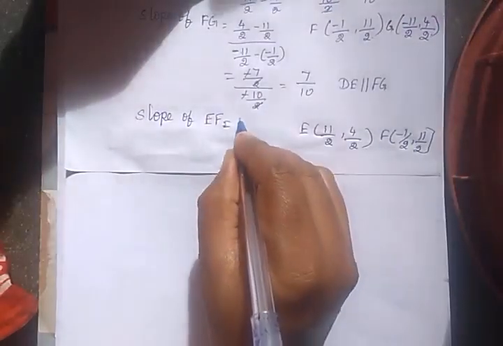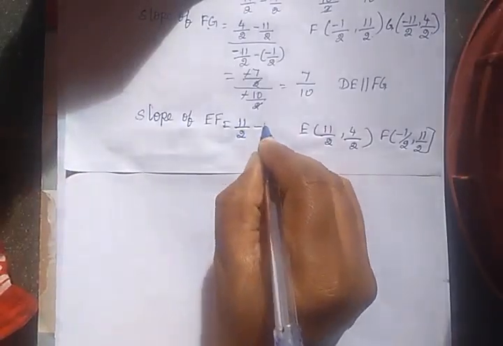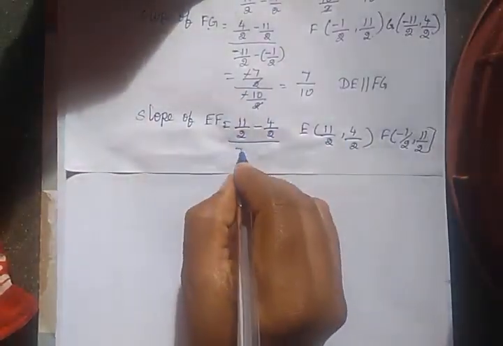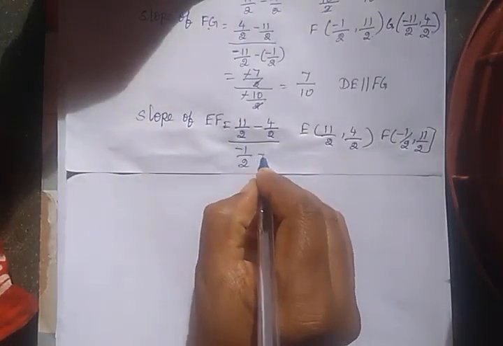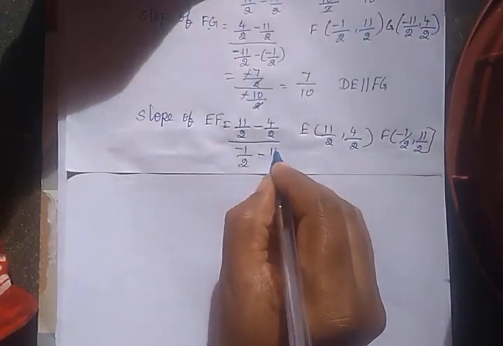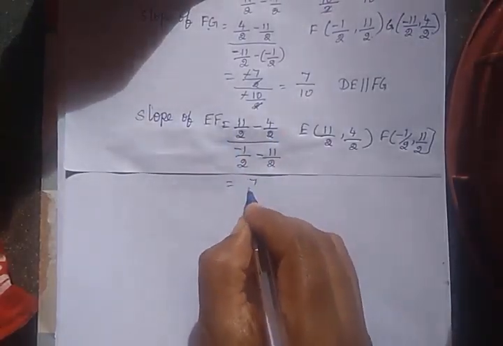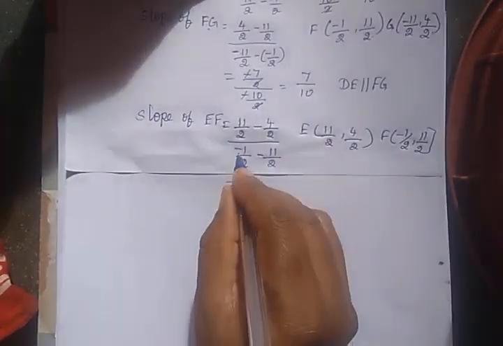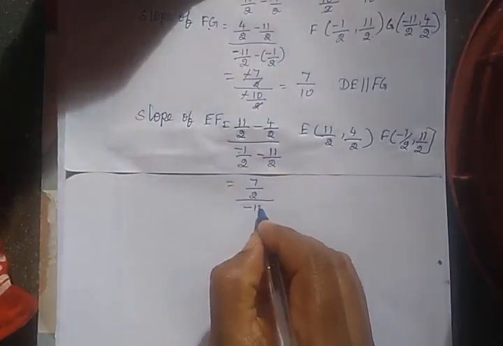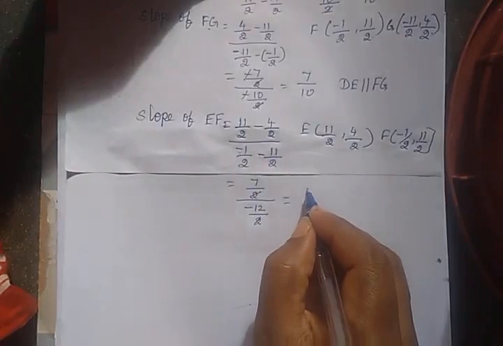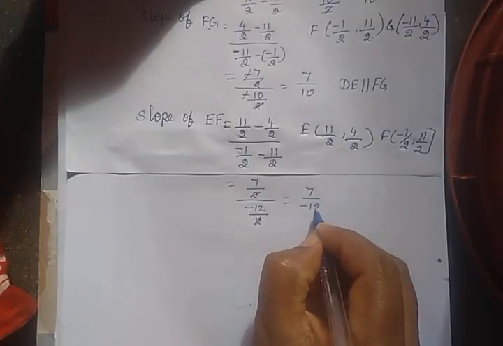Here y2 is 11 by 2 minus 4 by 2, by x2 is minus 1 by 2 minus 11 by 2. 11 minus 4 is 7 by 2. Both are minus, so that is minus 12 by 2. The denominators are cancelled. The remaining is 7 by minus 12.